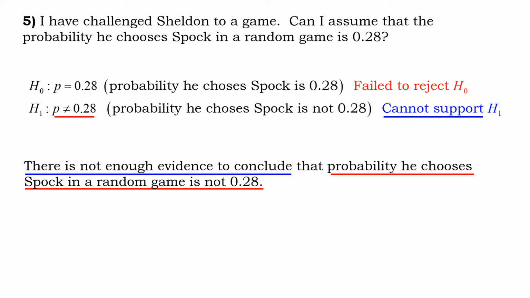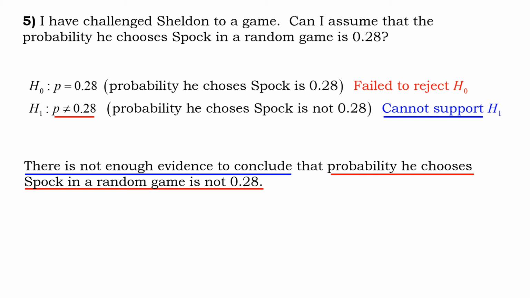Now I want to be clear, this feels like a double negative. It feels like we haven't proven anything, which is officially true. We haven't proven anything. But let's think of this from a practical standpoint. We tried to prove the probability he chooses Spock is not 0.28 and we failed, which means most likely the probability is close to 0.28, not too far off.